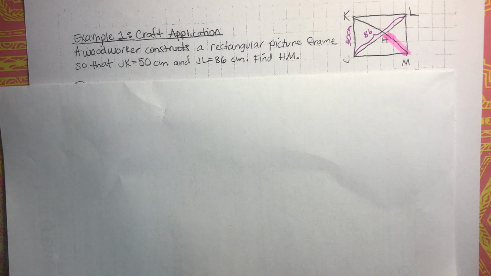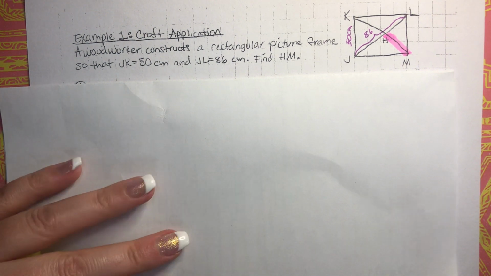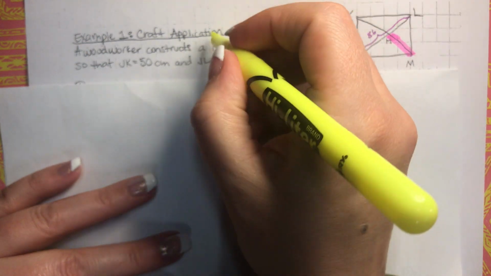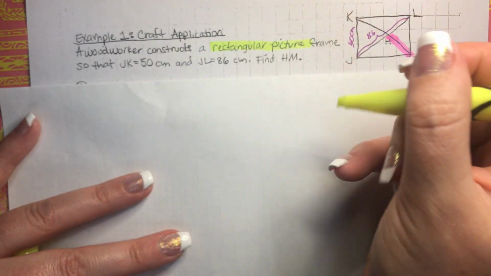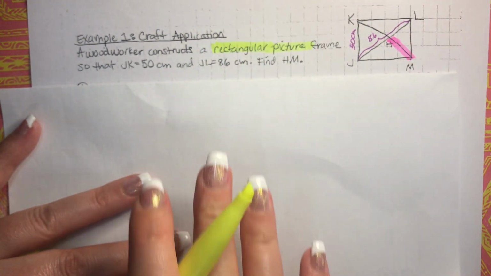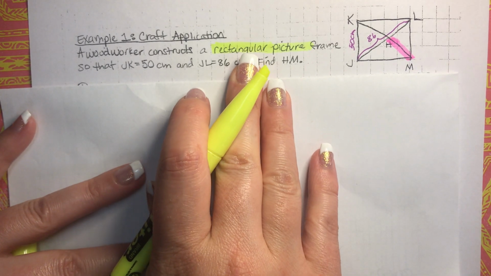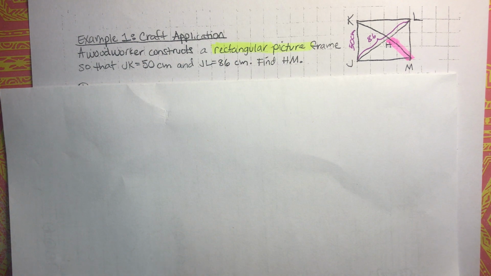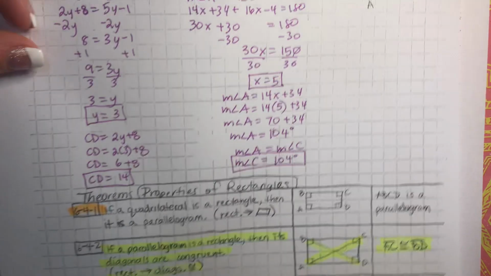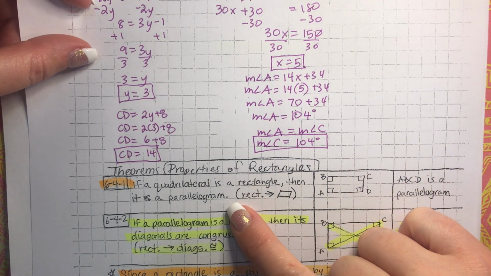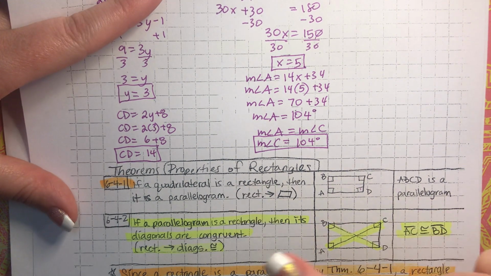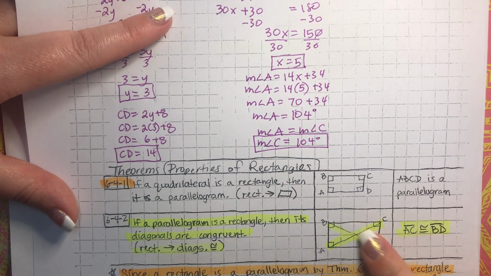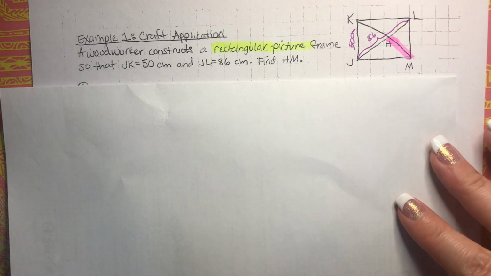Now, the key thing that I see is that they tell us that this is a rectangular picture frame. So we're dealing with a rectangle. And since we're dealing with a rectangle, we know that we're dealing with a parallelogram, right? So what are the things that we know about a rectangle? We know that with a rectangle, the diagonals are congruent.